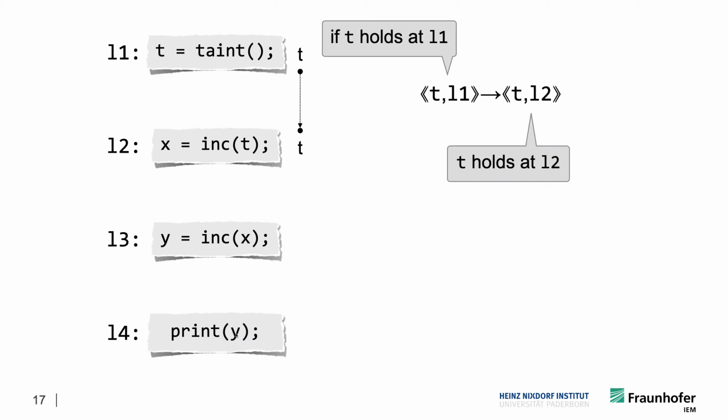Okay. And at the beginning, this taint is being propagated from variable t at line 1 to the same variable t at line 2. And this you can model, like I told you, through a normal rule in such a pushdown system, right? So this is saying, assuming that t holds at L1, we also know that t holds at L2.